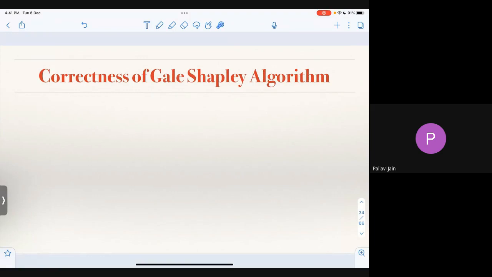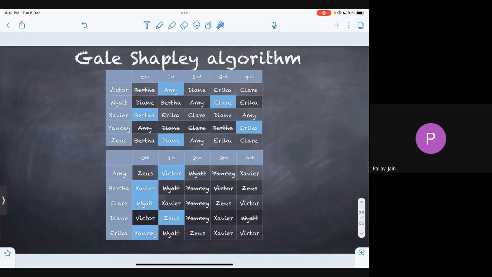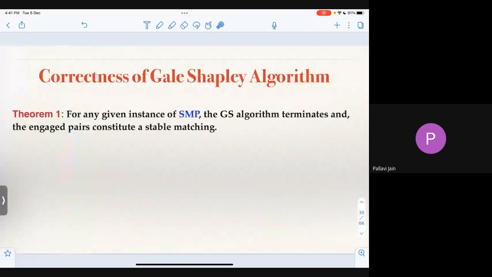Okay, so can somebody prove why this algorithm gives a stable matching? It does not. That's what we will prove. Can you just first show, however, that whatever matching it creates, it's a stable matching?